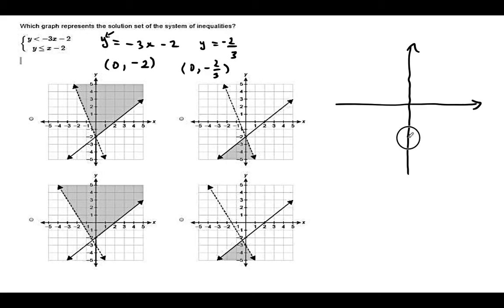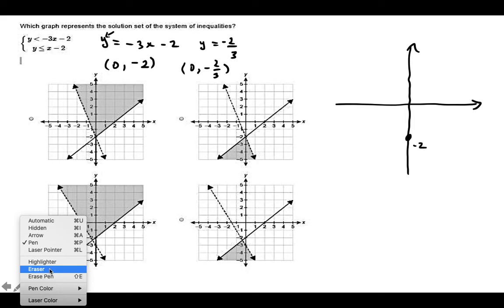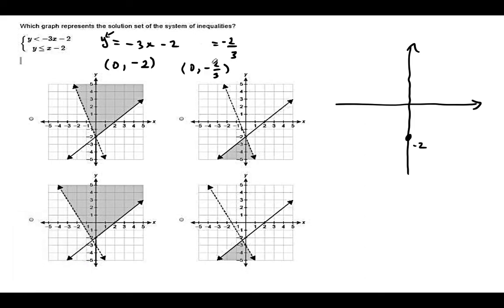So it is here, let's say somewhere. And then x is 0. Did I make a mistake here, guys? X is 0, y is negative 2. And y is 0, this is x. Here, this is x.